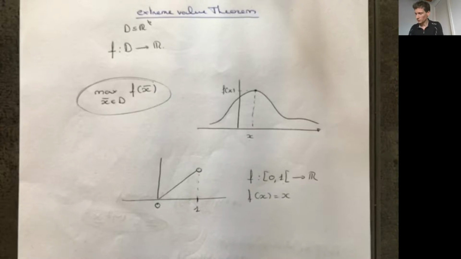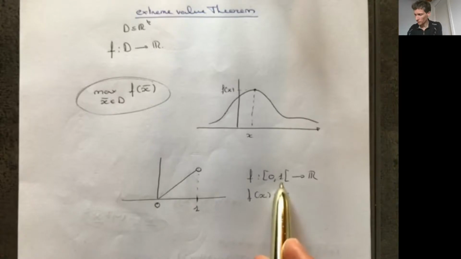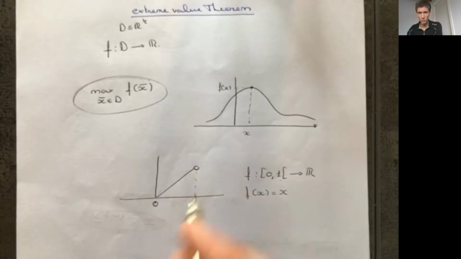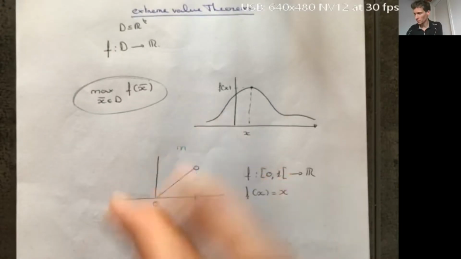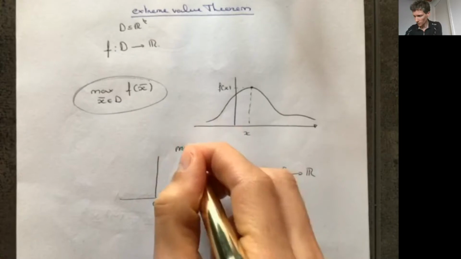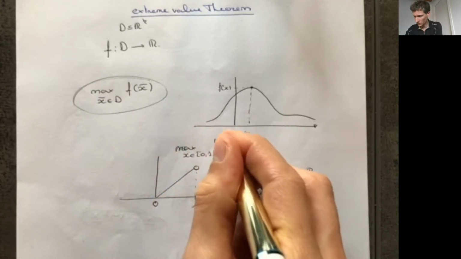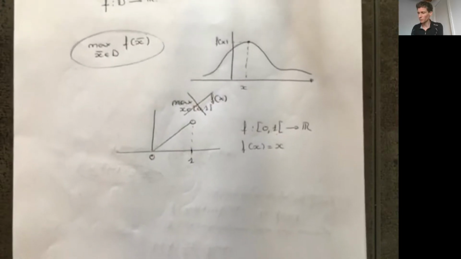If you want to maximize f, what value in the domain is going to give you the maximum value of f? Well, it's going to be the value that's arbitrarily close to 1, but you cannot pick 1 because 1 is not in the domain. So the problem max over x in 0, 1 of f of x is not well defined. There's no maximum for this problem.